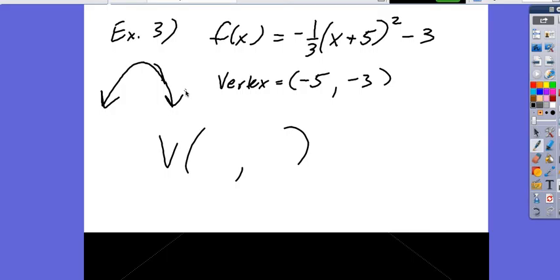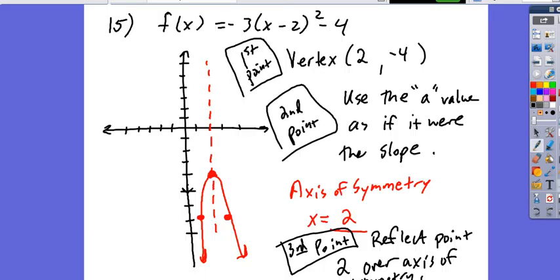Okay, so here's our first example where we're actually graphing from vertex form. And so we have f of x equals -3 times (x - 2) squared minus 4. So the first point is always determined by the function itself, and that is the vertex, the opposite of what's inside parentheses, so that's the opposite of -2, which is 2, comma, what's outside the parentheses to the right, and that's our k value.